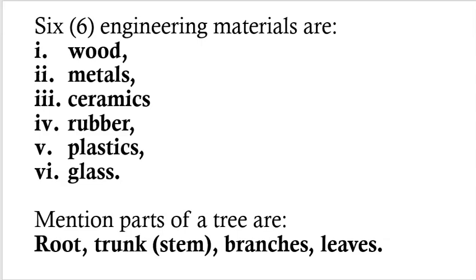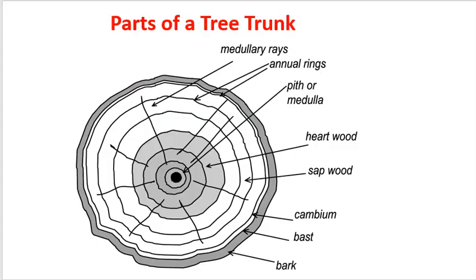And of course, parts of a tree, you already know that. You have roots, you have trunk, that is the stem, you have the branches, you have the leaves. When the stem is still standing, then this is part of a tree trunk. When you have already cut it and it's lying down, we call it a log.